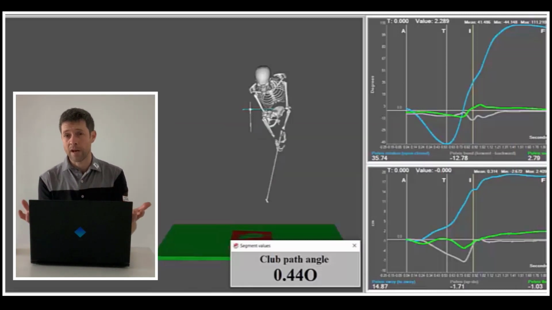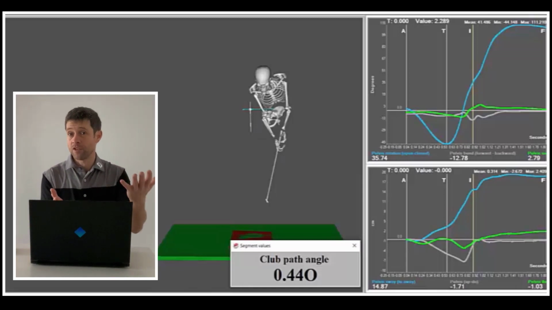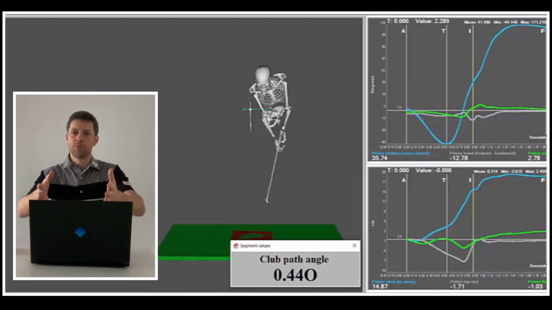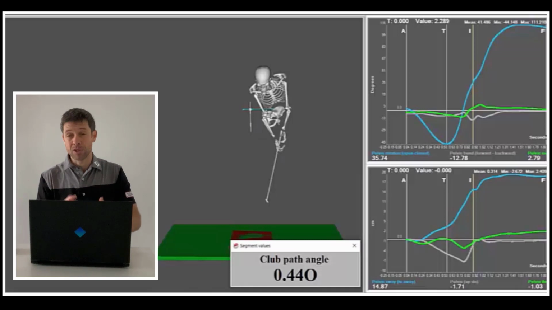But looking at normative values, the literature, threads that run through many of the more established movers, these values are somewhat close to the aspiration of many players: the lateral shift just under 15 centimeters, the rotation just over 35 degrees, and the thrust value a negative value. The pelvis has actually moved further away from the ball relative to its start position at impact. So somewhat close to the expected normative value that many people achieve and aspire to in their swing.